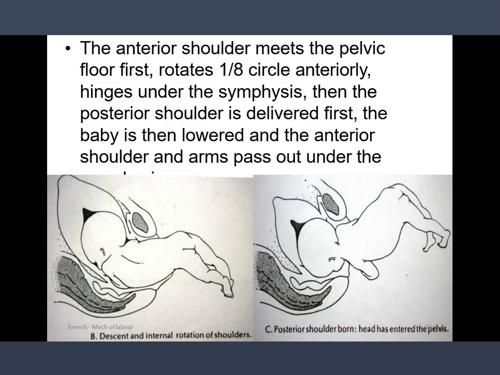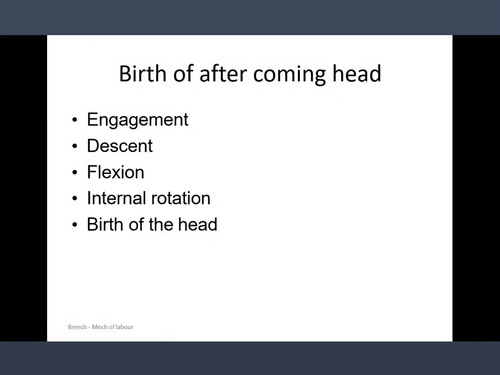After restitution, the anterior shoulder is towards the right thigh in left sacro-anterior, and towards the left thigh in right sacro-anterior. After external rotation, the entire back of the fetus will be facing upwards, that is dorso-anterior.